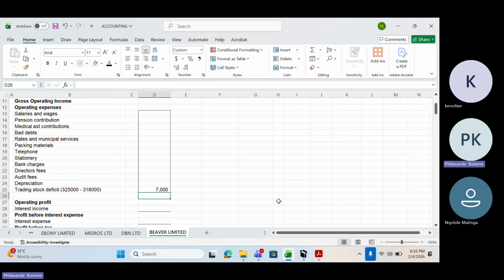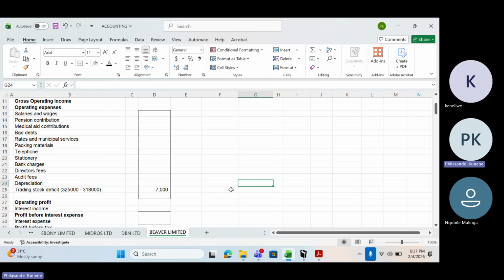Okay. This is bad accounting then. It's very bad accounting, because we can't be recording 325,000 in our books when we actually have 318,000. If you're an accountant and you find this issue, there's a problem, because it means you don't keep proper accounting records daily.